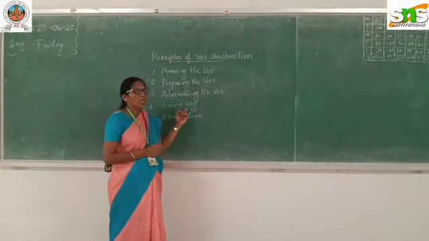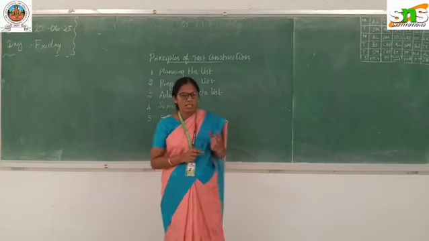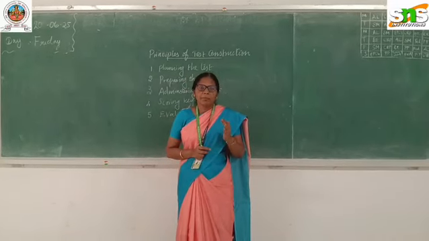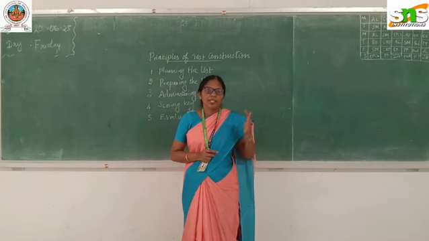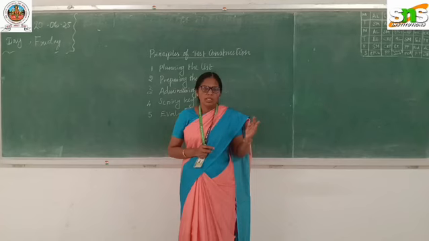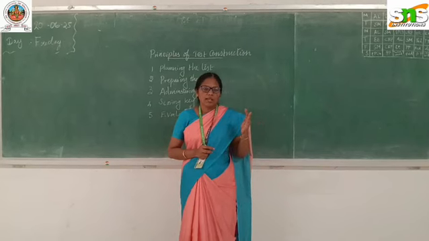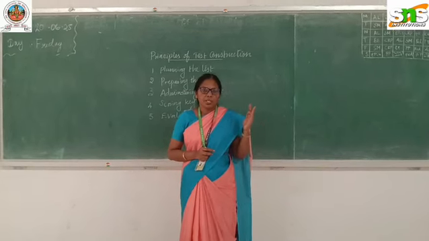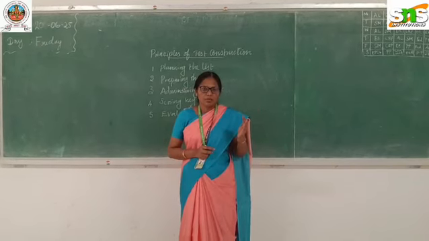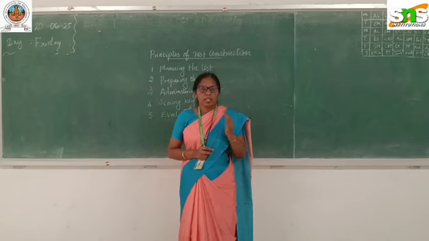The next one is the scoring key. The scoring key means that, after conducting the test, we prepare the answer key for each question. Suppose you have a question paper where the first division is objective-based test items, the second is very short answer, and the third is essay type.